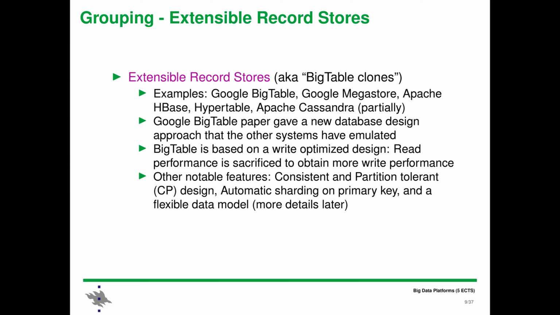So by reinventing your primary key and the sort order on your primary key, you can do more intelligent sharding. So that's the trickery in there. Okay, thanks for a super good question.